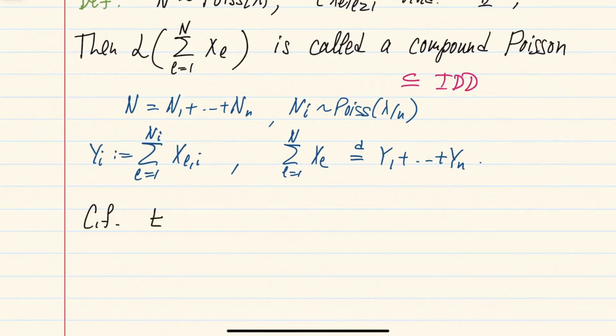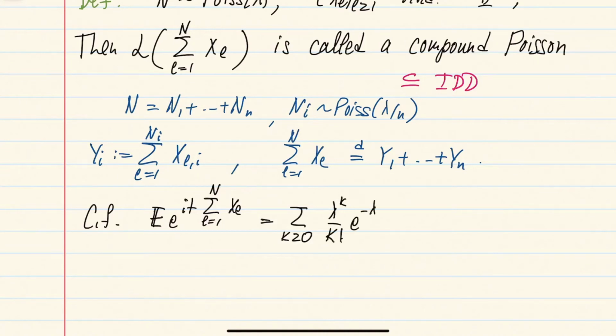Now let's also take a look at the characteristic function of a compound Poisson distribution above. If we compute the expectation of e to the it of this sum, now by independence we can first fix the capital N, or in other words, we can sum over all possible outcomes of the capital N, which happen with Poisson probabilities, lambda to the k over k factorial times e to the minus lambda.